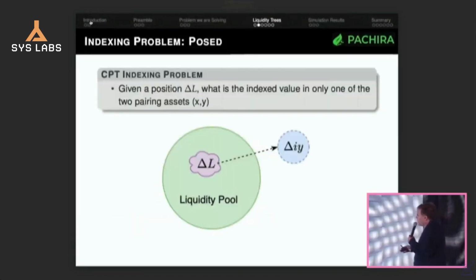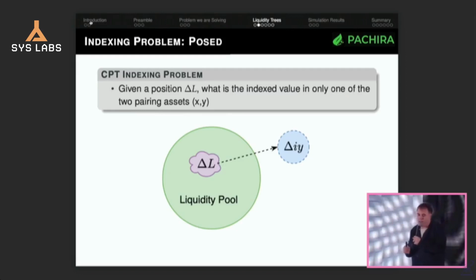Before we talk about liquidity trees, we need to cover another problem, which we call the CPT, or constant product trading, indexing problem. Take a little bit of liquidity in our pool. Let's say we have 1,000 LP tokens, and we have 10 LP tokens. We want to know how much that is worth in one asset or the other. If we have an ETH-DAI pool, how much is that worth in ETH?